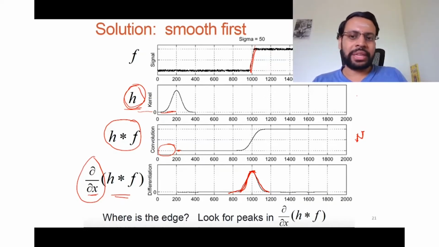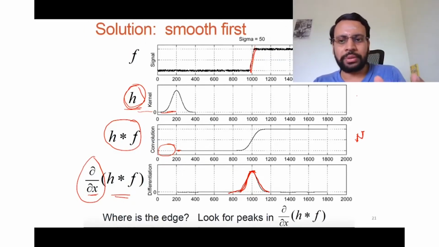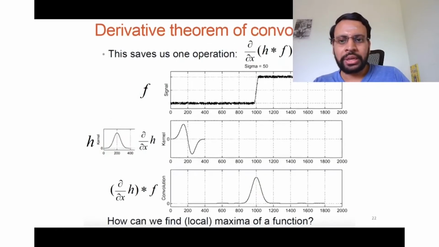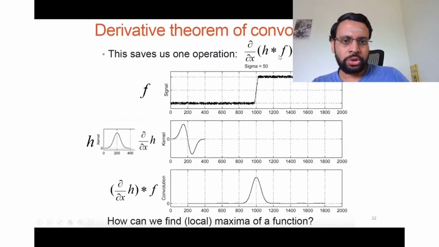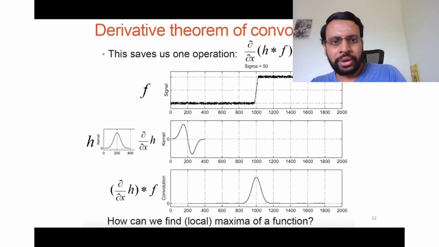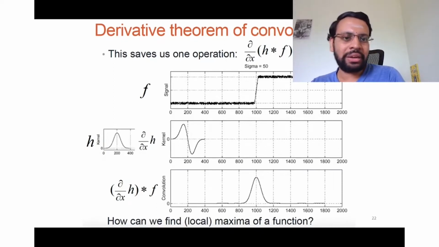Is there any better way than doing this? Since convolution has an associative property, you could exploit it to do this in a very simple way. What we are doing is ∂/∂x of (H convolved with F). This can be written as (∂/∂x of H) convolved with F. So you take the derivative of your Gaussian kernel, and simply convolve F with that.